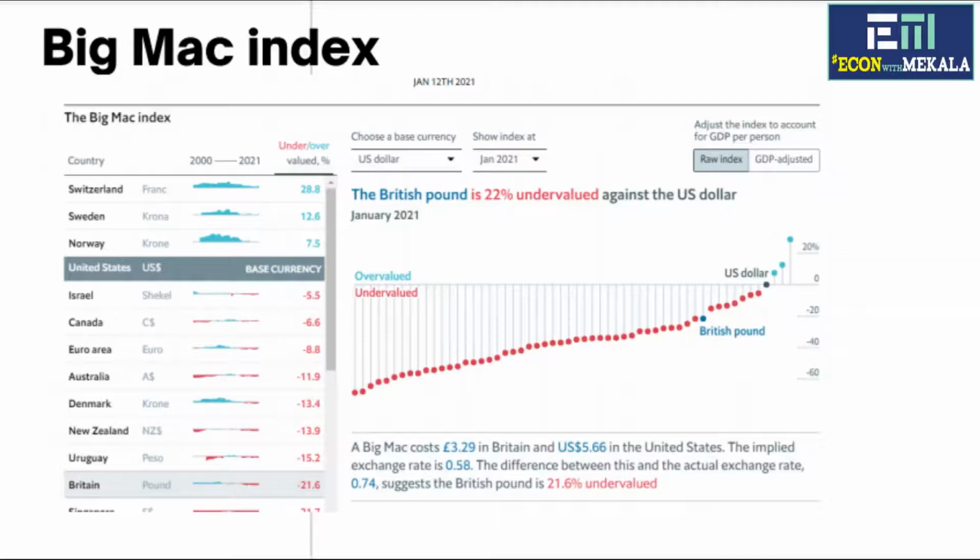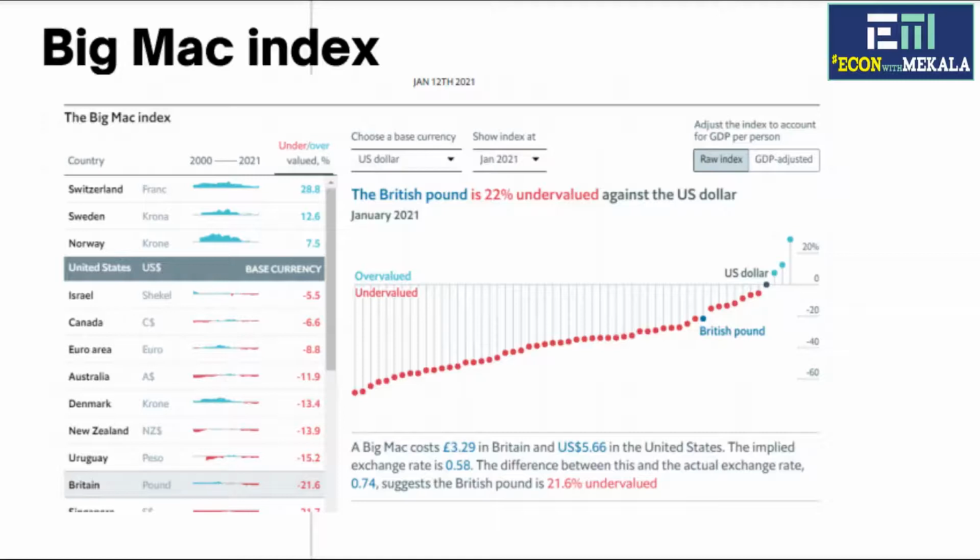But the actual exchange rate is different from this Big Mac index. The actual exchange rate between the United States dollar and the British pound is 0.74. According to the Big Mac index, our exchange rate is 0.58.